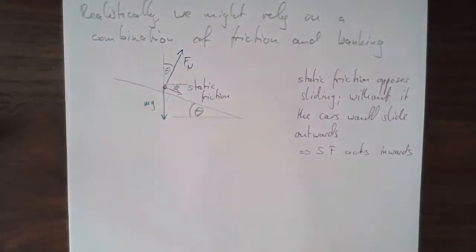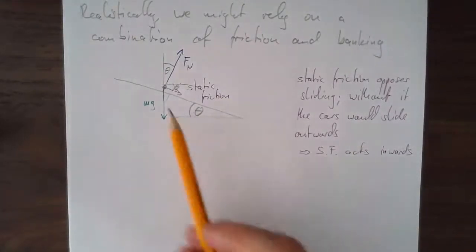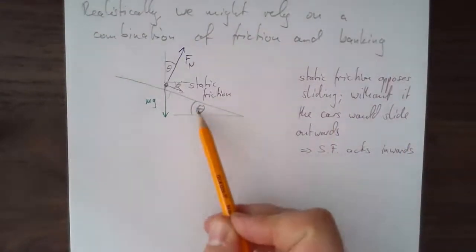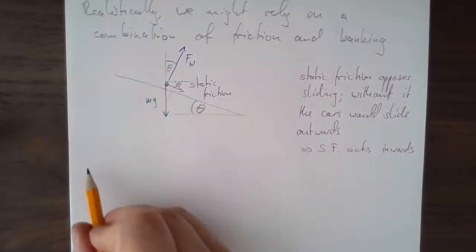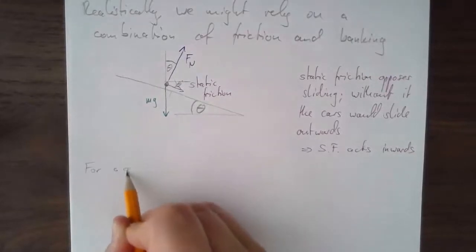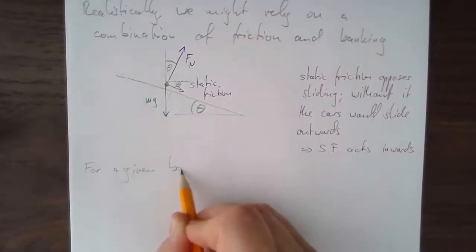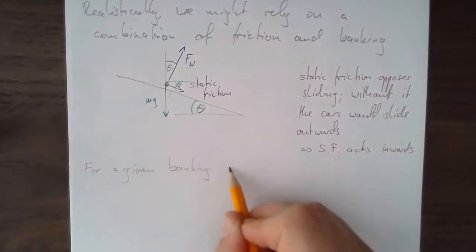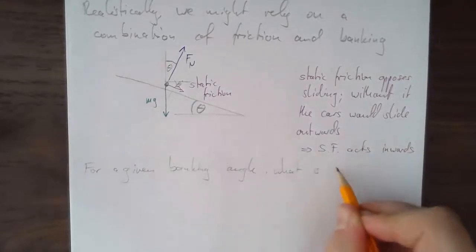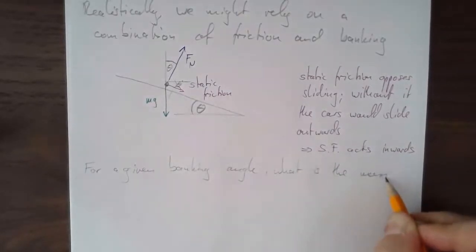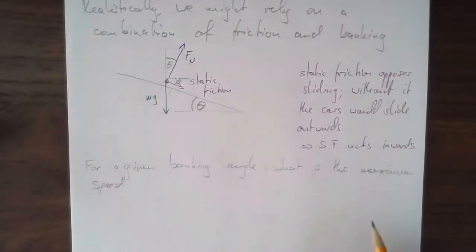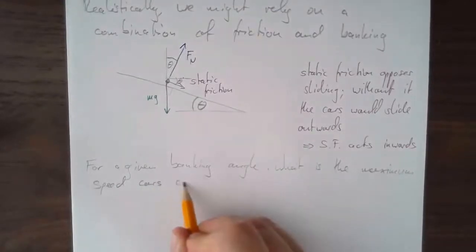So let's see what happens in the x and the y direction. What am I trying to find? I'm trying to figure out, well, what's the maximum speed I can now go at for a given theta. Let's write this down. For a given banking angle, what is the maximum speed cars can go at?